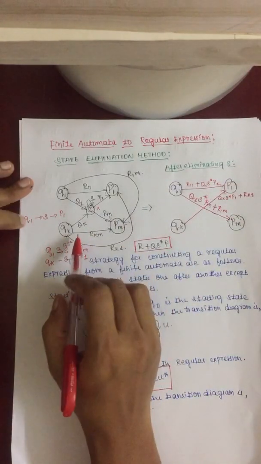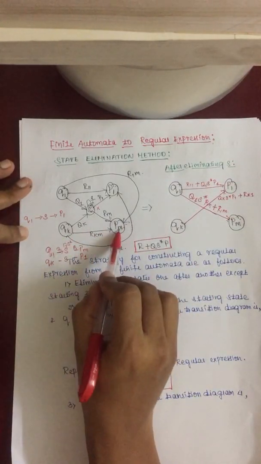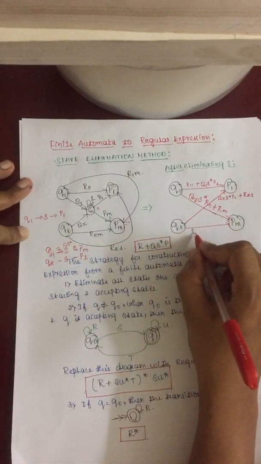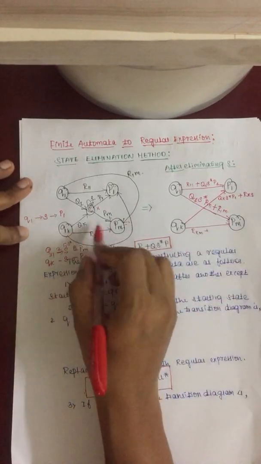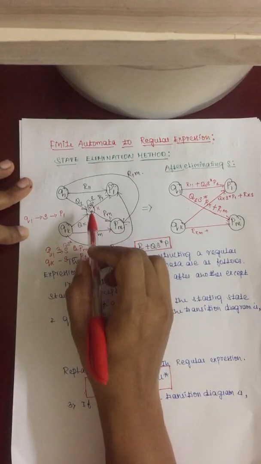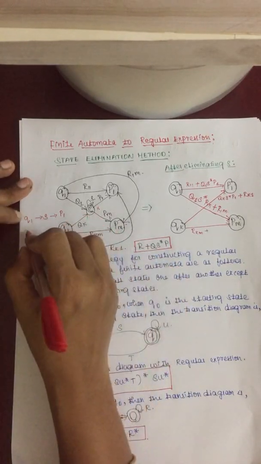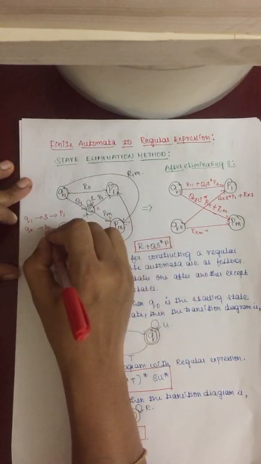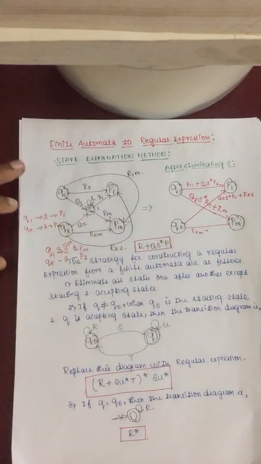Then again, to reach from the state QK to PM, this is one of the paths, RKM, and another path is again S acting as the intermediate state for QK and PM, so it can be written like QK S star PM, right?